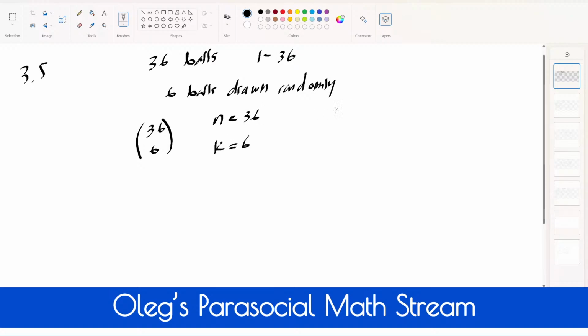Okay, so we have N choose K. We have 36 factorial over 6 factorial times (36 minus 6) factorial, which comes out to 36 factorial over 6 factorial times 30 factorial.